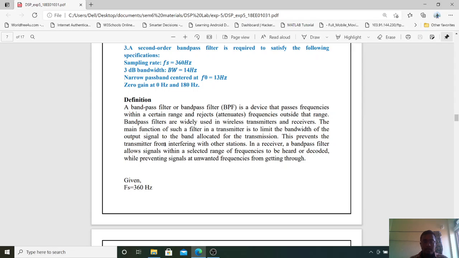In the band pass filter we will be giving two cutoff frequencies, using the f0 and the 3 dB bandwidth.